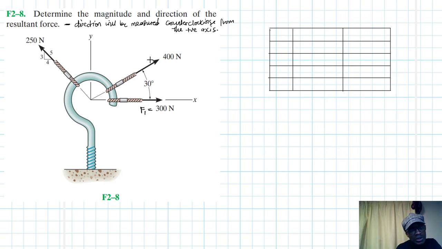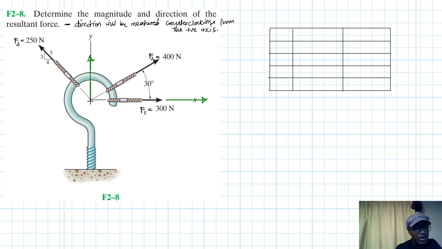Let's call this F1, let's call this F2, let's call this F3. F1 is just in the x-axis, so the y component of F1 is 0. Let's go to F2. F2 will have this component. It will have this component, then it will also have this component.